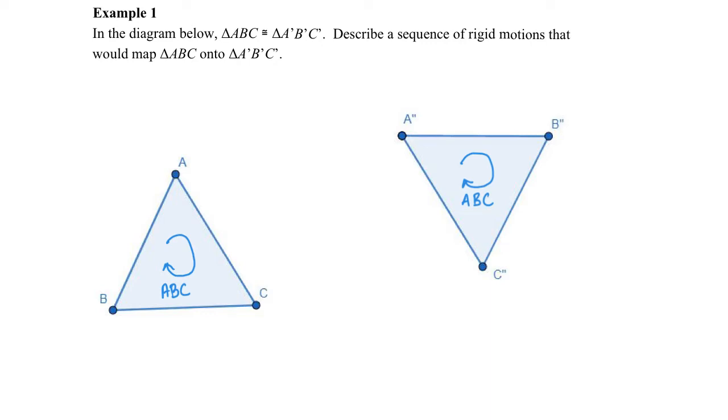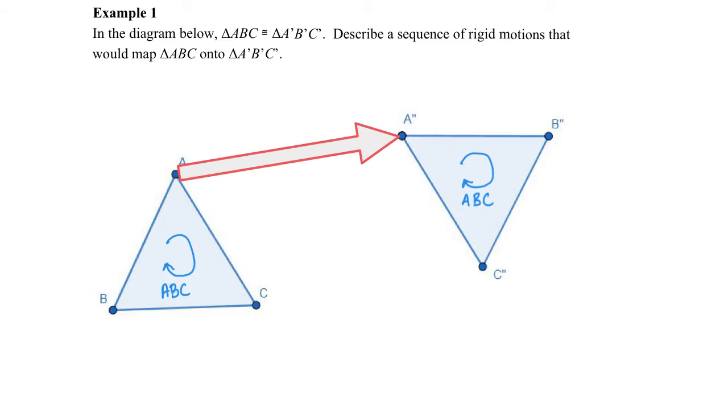Okay, so what we're going to do is draw in our vector here. This is not a critical thing, but we want to draw in our vector. Here we go. Okay, so there's our vector.